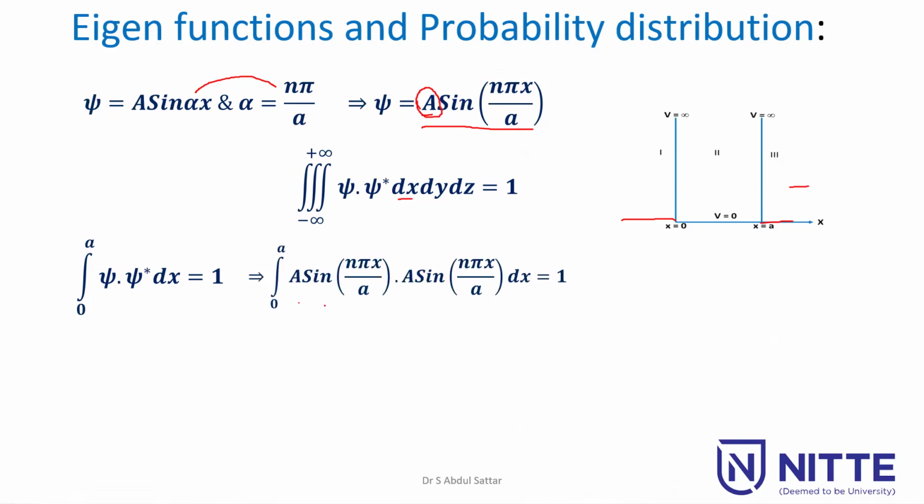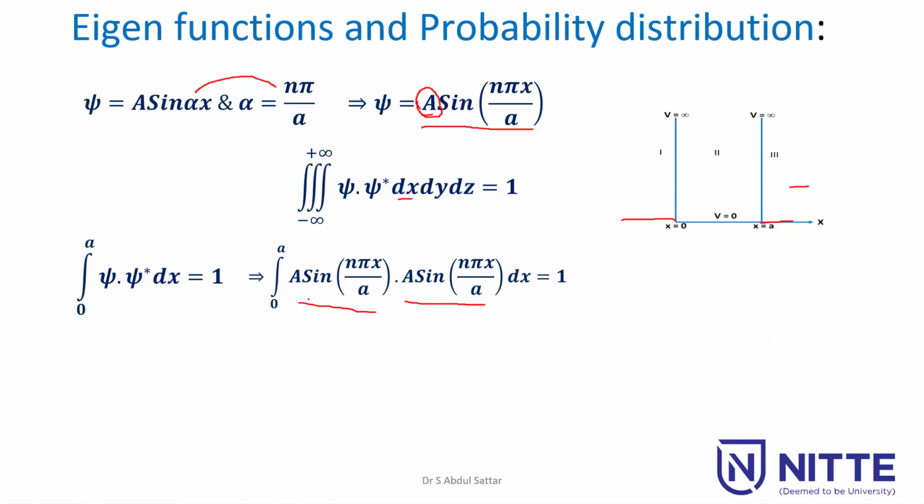Therefore, integral 0 to a of A sin n pi x by a, and psi star also A sin n pi x by a, dx equal to 1. If there is an imaginary part, i can be replaced with minus i. But here we don't have any imaginary part, we are having only the real part, so the same number itself. Therefore, integral 0 to a of A sin n pi x by a times A sin n pi x by a dx equal to 1.